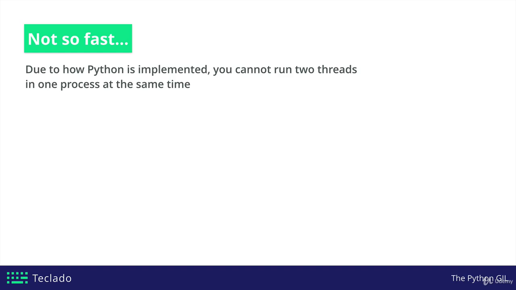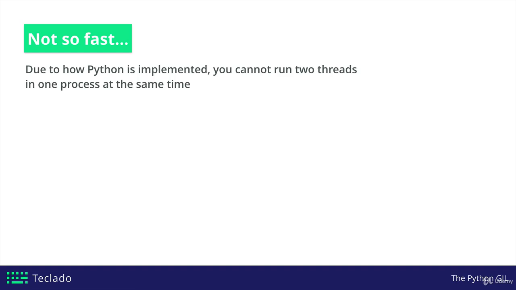Not so fast. Due to how Python has been implemented, by the people who wrote Python, you cannot run two threads in one process at the same time. So if you have your Python process create another thread, the main thread and that other thread are not going to be able to run at the same time, even if you have two cores.